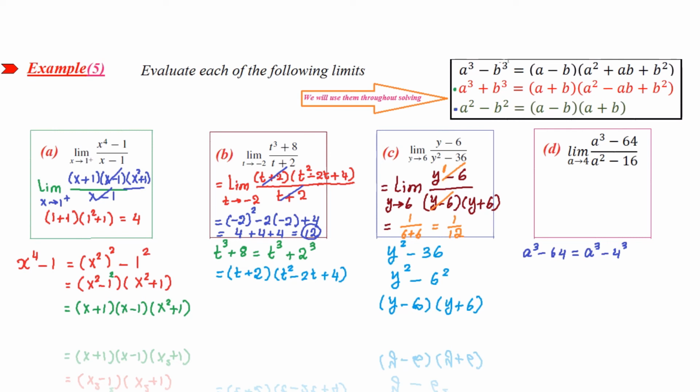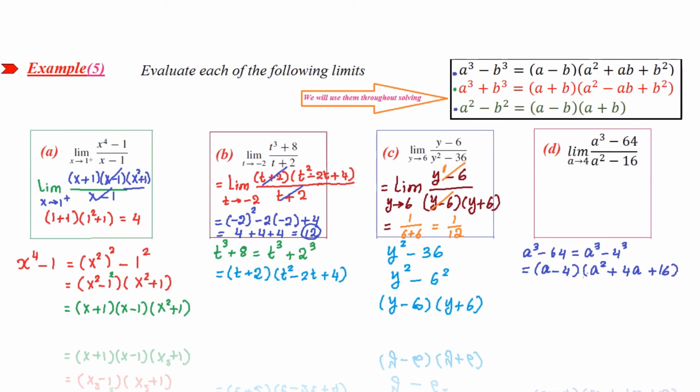use this, the first rule here, a power 3 minus b power 3, because we have a power 3 minus 64. By applying the first rule, you will get a minus b times a square plus ab, which is 4 times a, plus b square, which is 4 square, equals to 16.